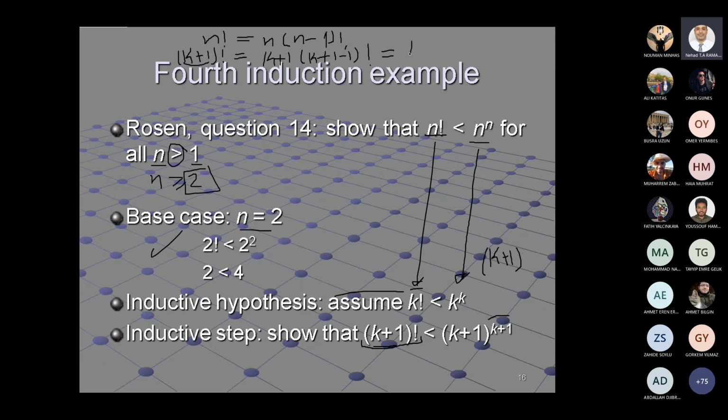So it's equal to k plus 1 multiplied by k plus 1 minus 1, which is k factorial. Yes? So we can write k plus 1 factorial as k plus 1 multiplied by k factorial.